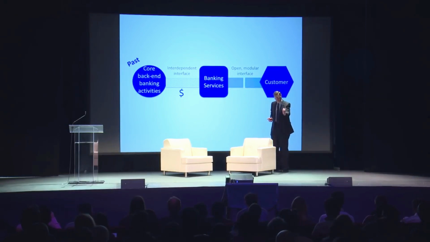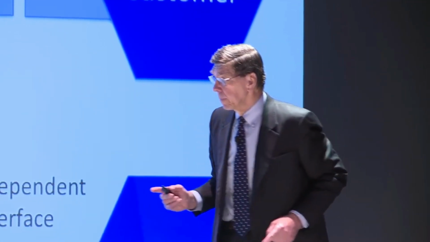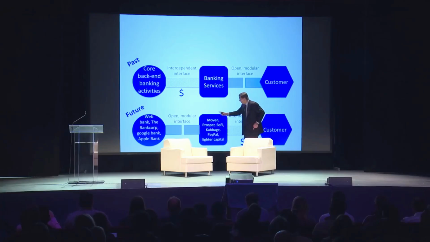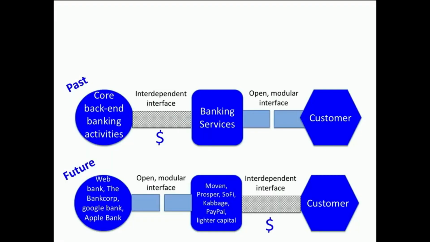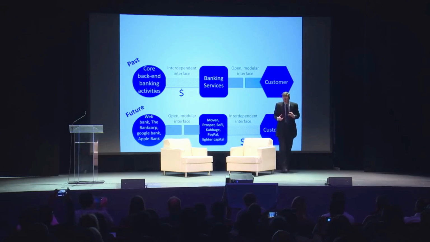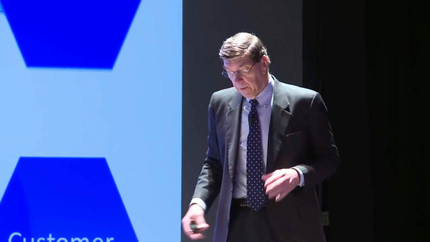But I think what's happening from the prior slide is that there is opening a modular standard interface between a particular bank that we might call a web bank that does the back-end stuff. And then there are a whole bunch of focused companies around jobs to be done to do those things. And the way these guys interface with their customers is very proprietary and interdependent. So the interface, I write books.